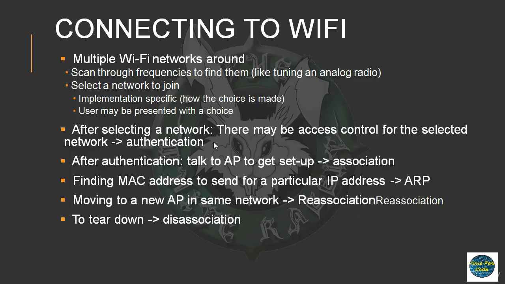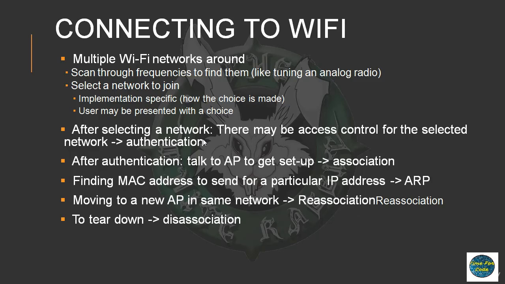Now, typically, because we're talking about connecting to the internet, there's another step that needs to happen after that, because in the process of authentication and association, this is beneath the IP layer. So these things are happening without reference to a specific IP address. So it's just about at layer 2 getting things set up.